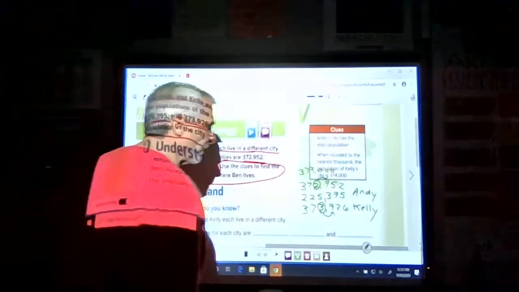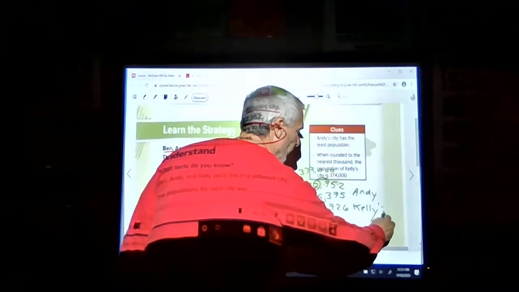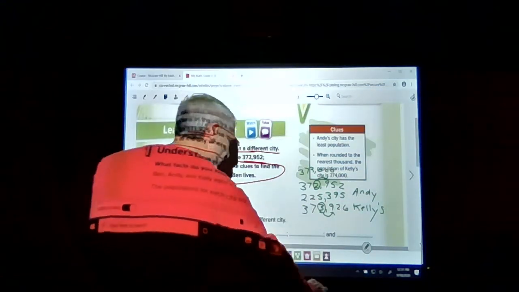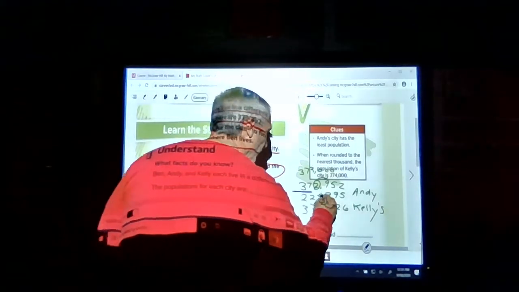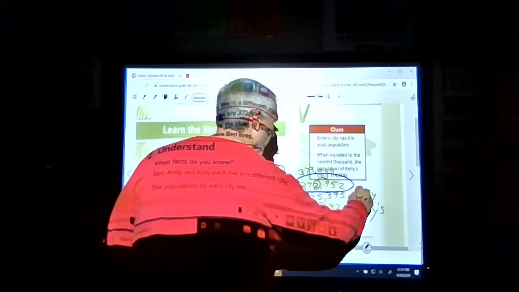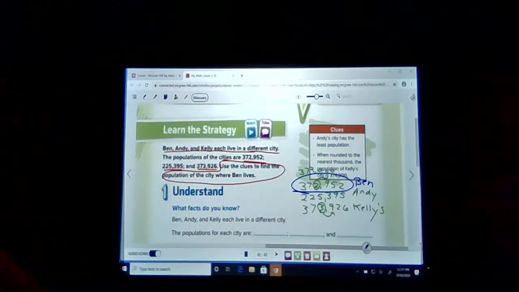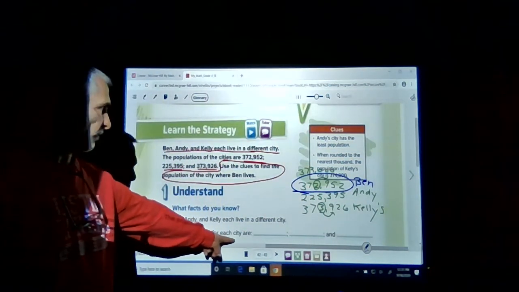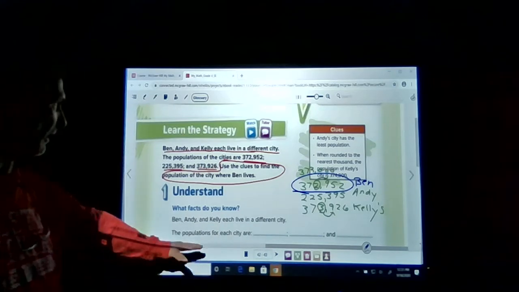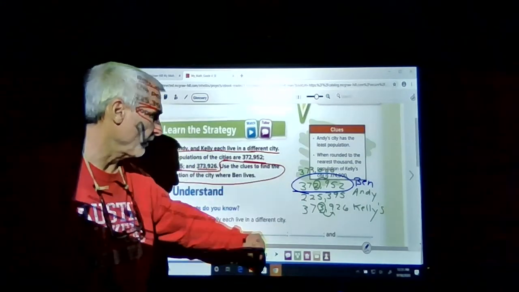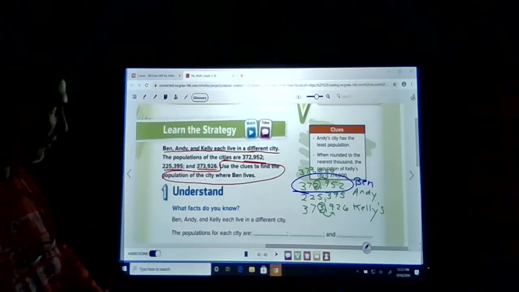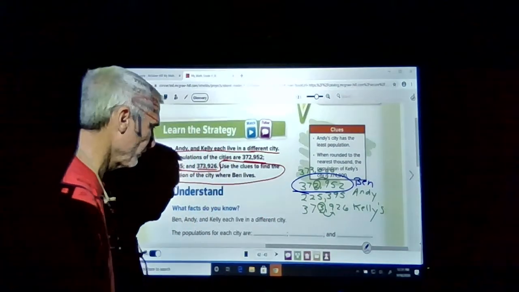And we now have our answer is going to be then populations for each city are, and we did that here. We did it on scratch paper. You could write it here.